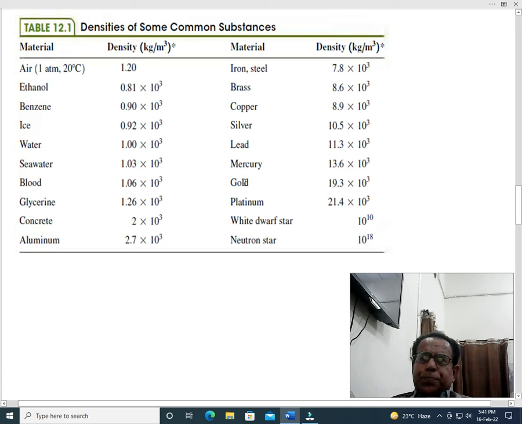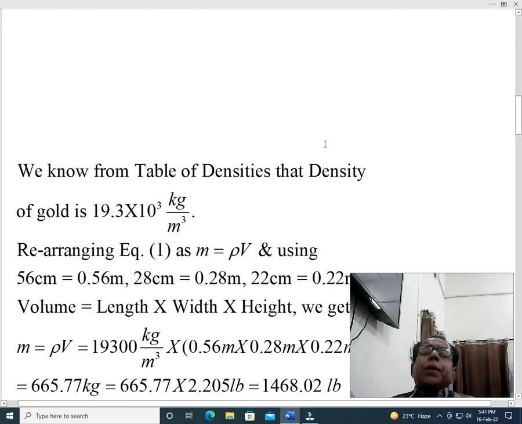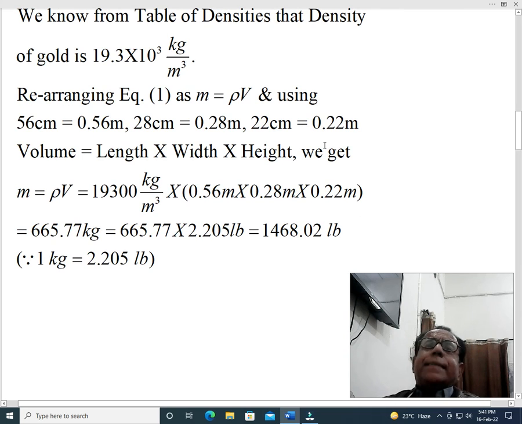So density of gold is 19.3 into 10 raised to the power 3 kilogram per meter cube. If we do not write it in form of 10 raised to the power 3, then we will read it as 19,300 kilogram per meter cube. We know from table of densities that density of gold is 19.3 into 10 raised to the power 3 kilogram per meter cube.